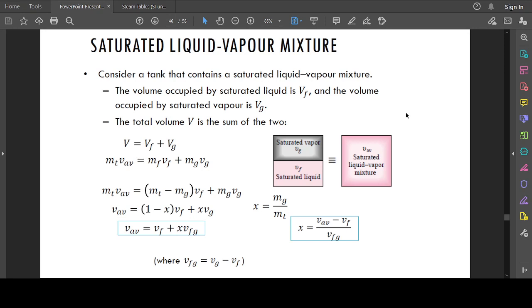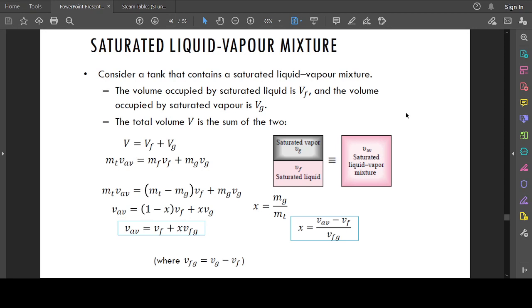What is the unit of specific volume? That is meter cube per kilogram. So if you multiply mass by the specific volume, you will be left with meter cube.